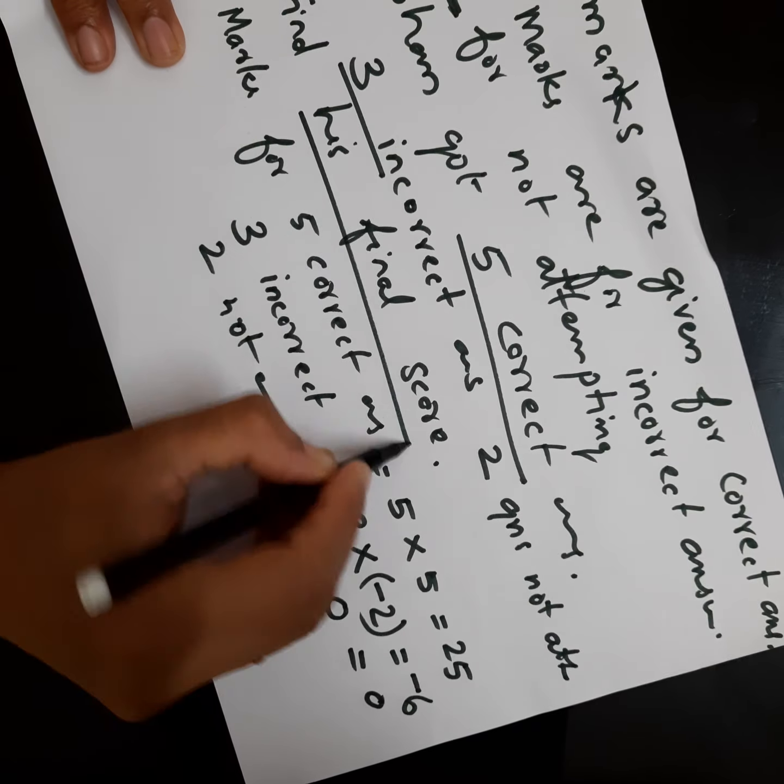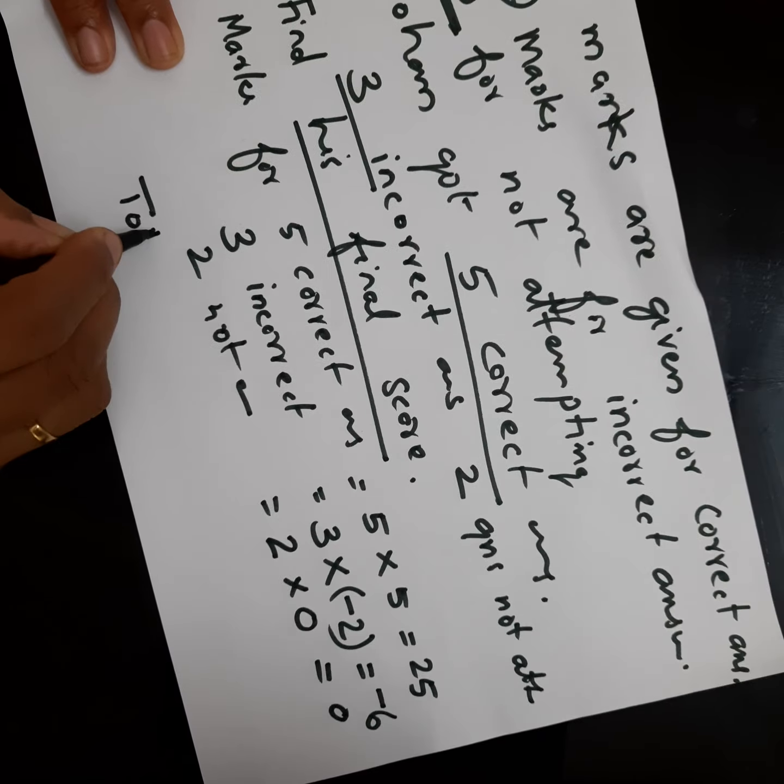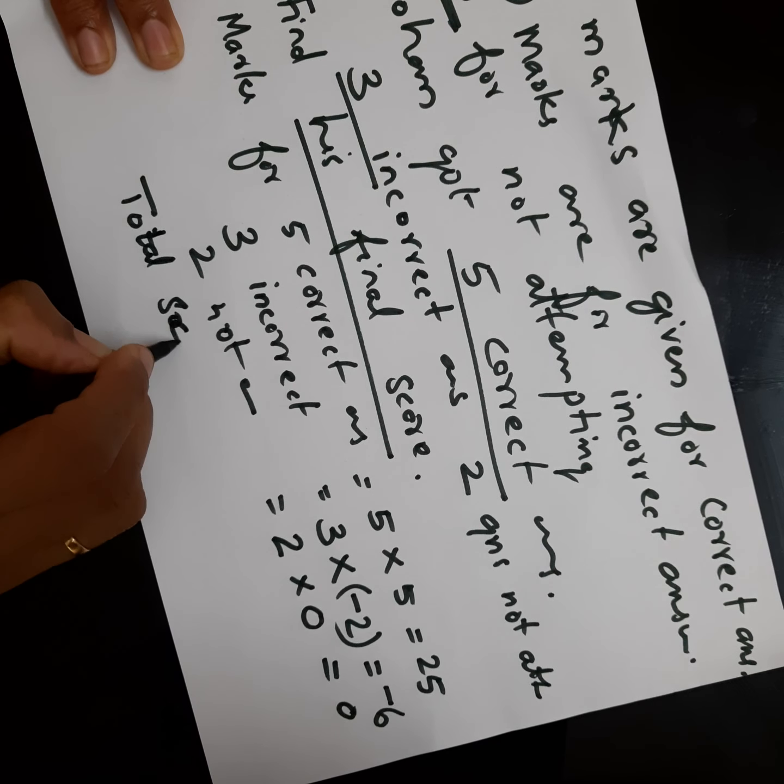Now we have to find his final score, the total score. Total always means adding.